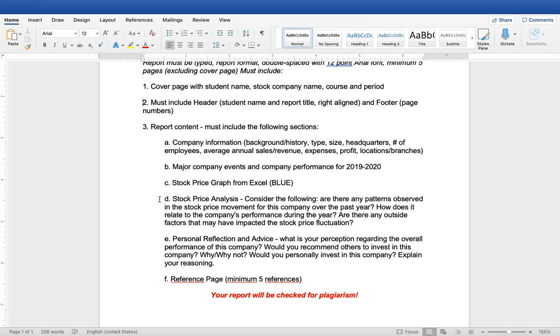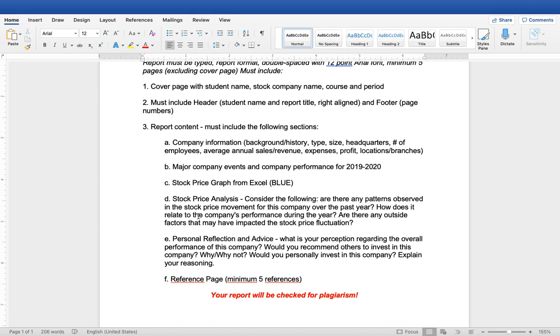So that's one piece of information that's very important for you to keep in mind, and that will be part of your stock price analysis. So also, those movements that you identify in your graph, how do they relate to the company's performance during the year? Like I said, if you see an increase or your graph going up, what has happened in the company?